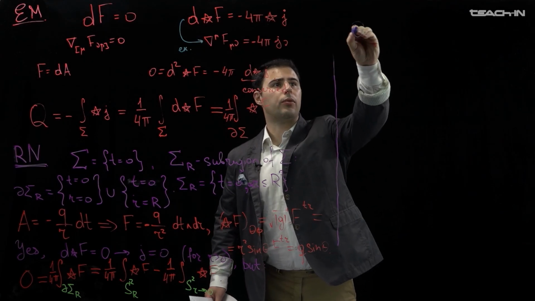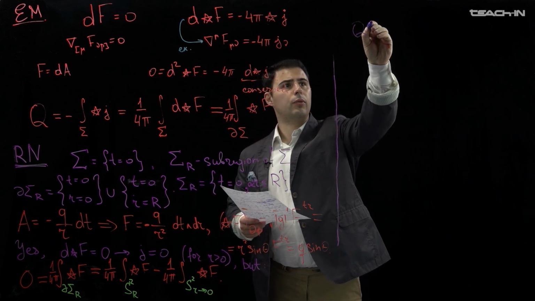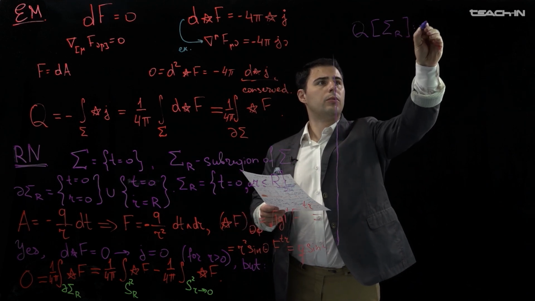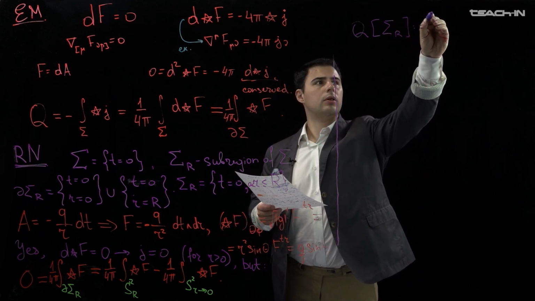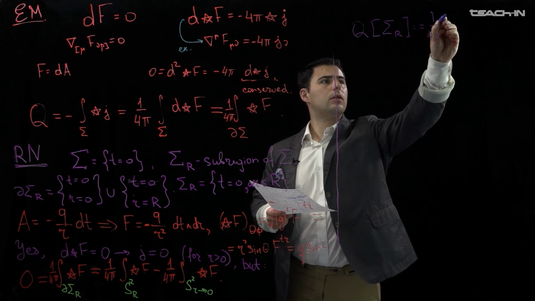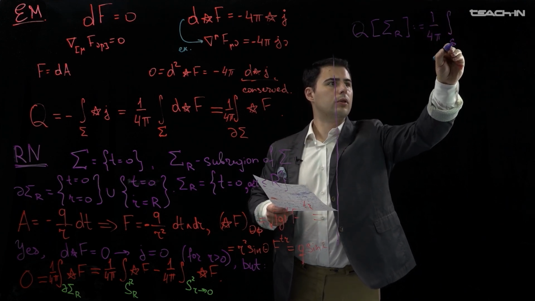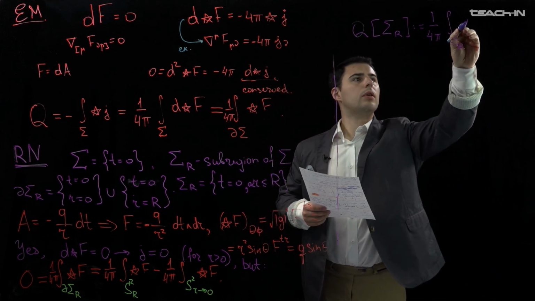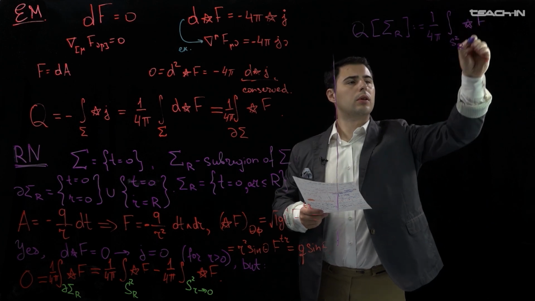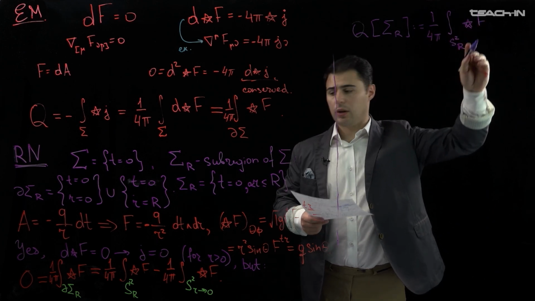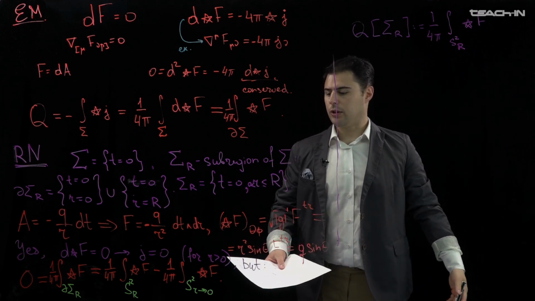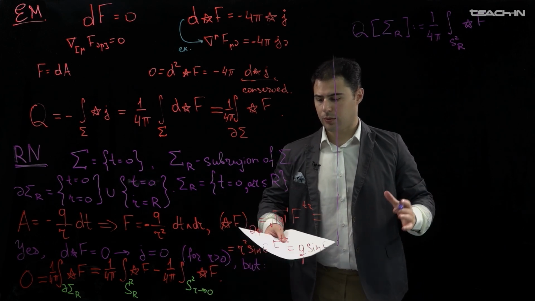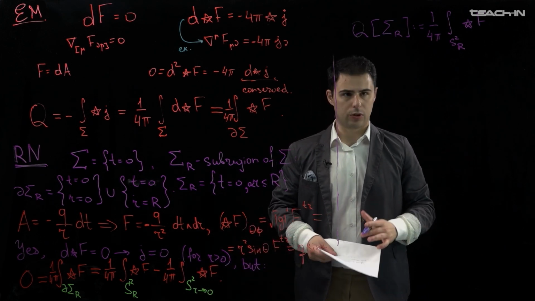So Q of sigma_r, defined as the integral over the sphere of radius r, is also the same as the integral over the sphere of radius tending to 0.